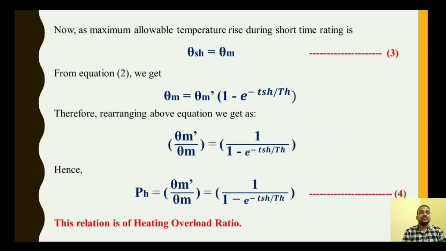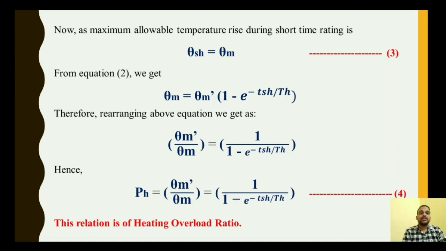So in that condition, for the short time rating we can consider the short time temperature equal to the maximum temperature. So as you can see in equation 3, theta sh equals theta m.